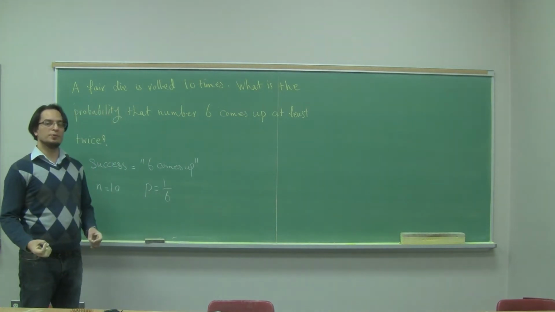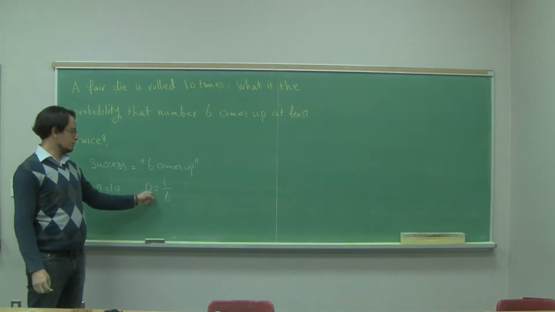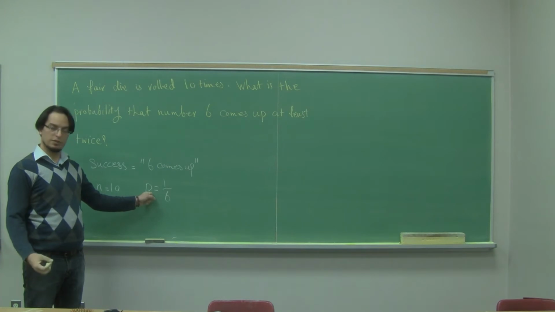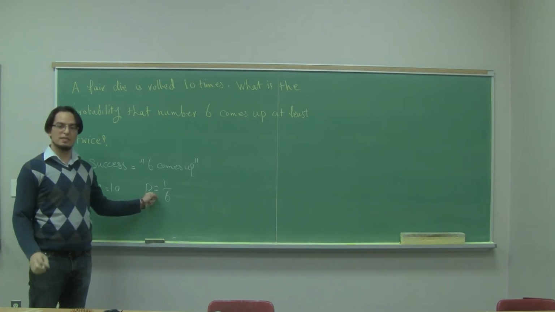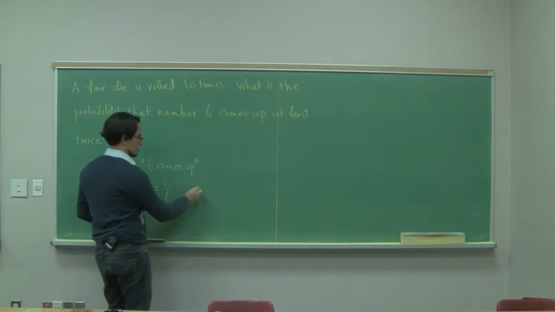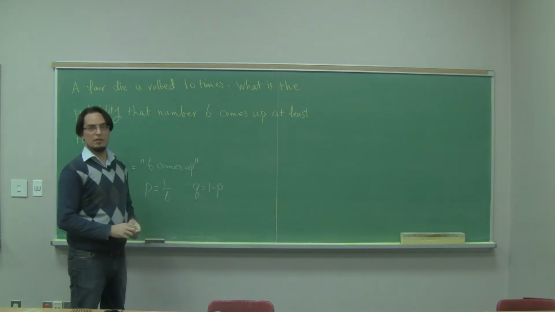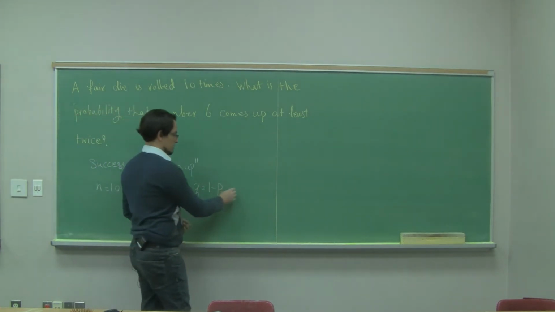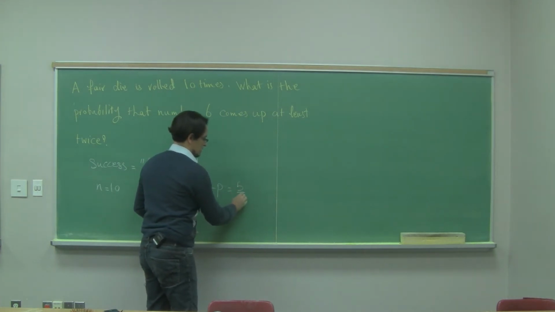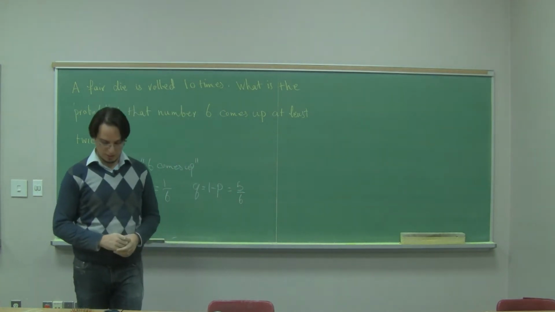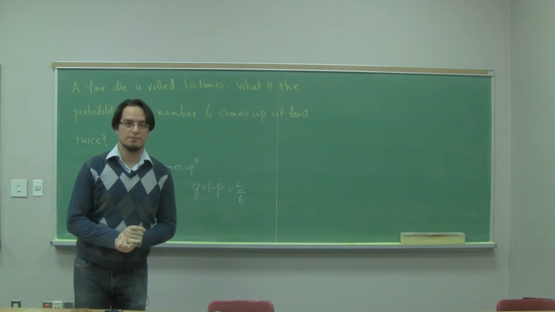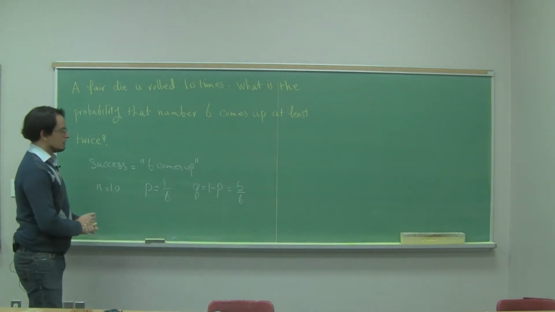Then in a Bernoulli trial, we not only need to find the probability of success in each experiment, we also need to find the probability of failure, which is 1 minus p, and in this case it's 1 minus 1/6, which is 5/6.